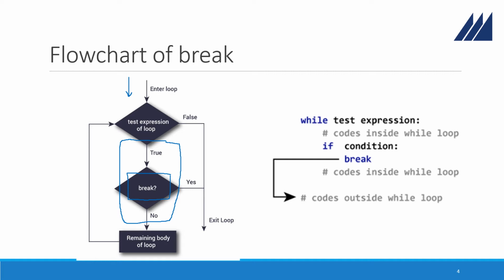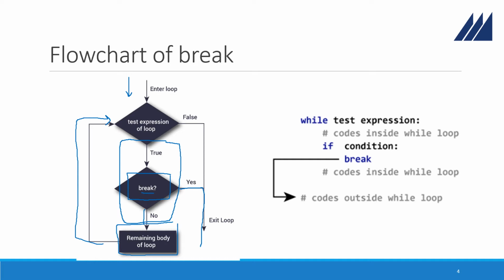If this condition is true, you will execute the break, exit from the loop, and skip the remaining body of the loop. If the condition of the if statement for the break is false, you will continue the loop and go back again here and test the expression that you have in the while loop.